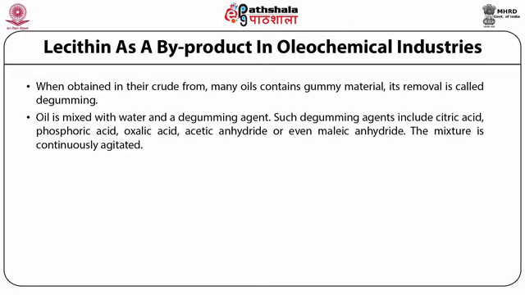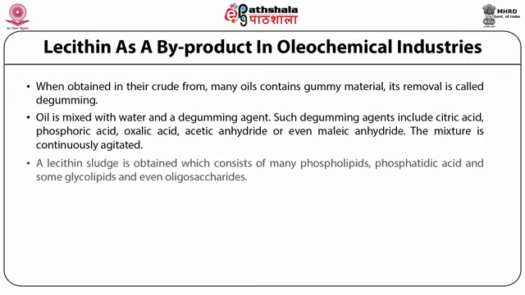Such degumming agents include citric acid, phosphoric acid, oxalic acid, acetic anhydride, or even maleic anhydride. A lecithin sludge is obtained which consists of many phospholipids, phosphatidic acid, and some glycolipids, and even oligosaccharides.